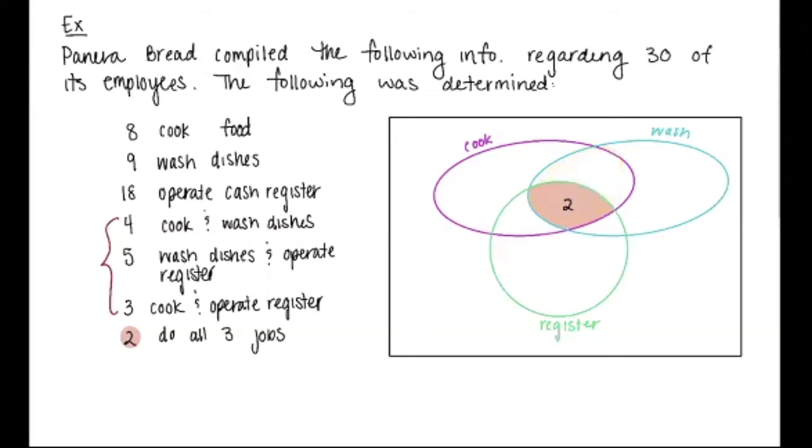Let me use a color you can actually see the difference with. So 4 people should be in this region completely. There are 4 that cook and wash dishes. 2 of them are here. That forces 2 to be left in this region. Okay. So in all of these, we need to subtract 2 accounted for in the very middle.